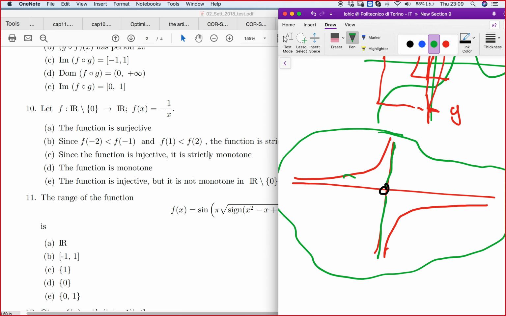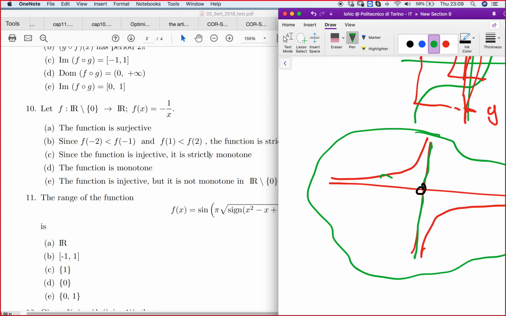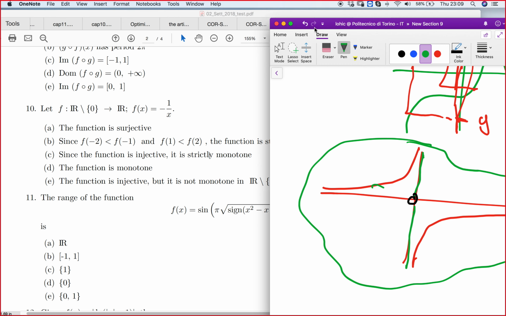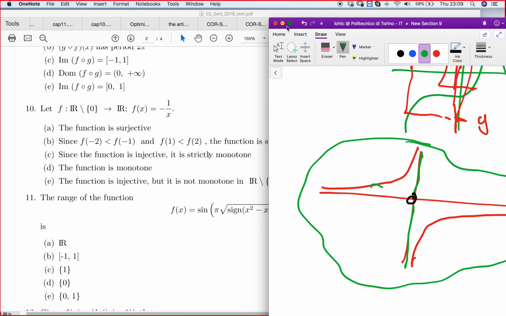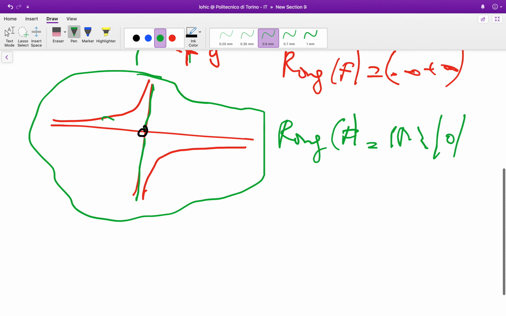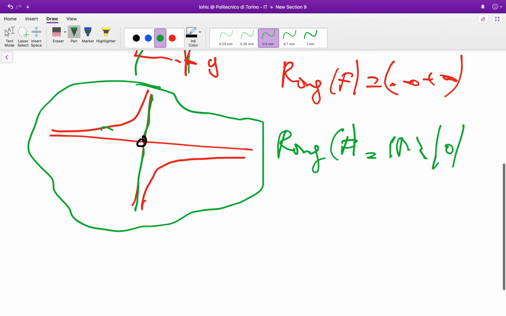It is increasing on both sides, but not on all of its domain, yes or not? Please, guys, pay attention to this kind of statement.